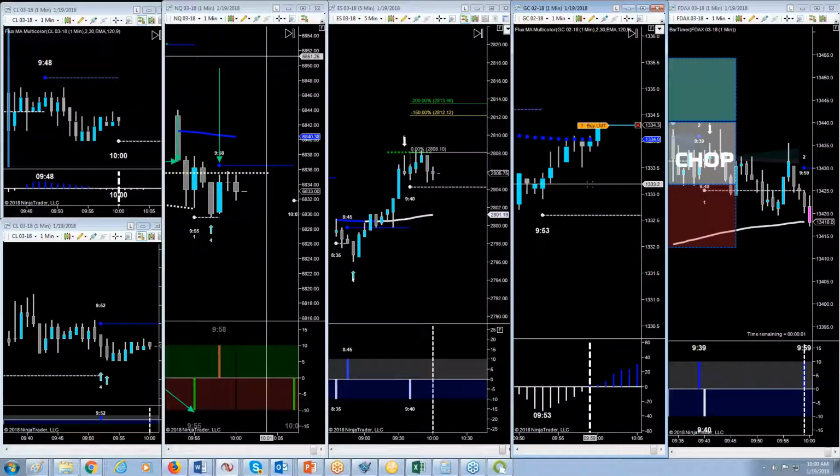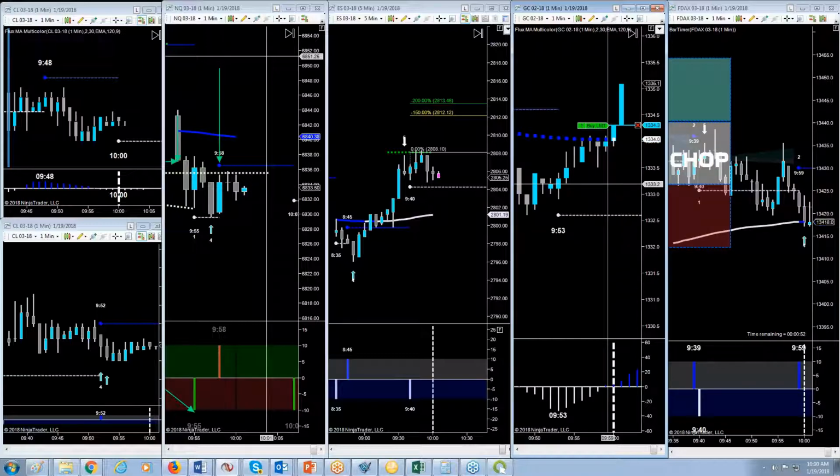Crossover entry long, missed it, no pullback, no fill. Dana, you see that crossover candle just run without me? It's like they couldn't help themselves. Sometimes we get the fill, sometimes we don't get the fill.